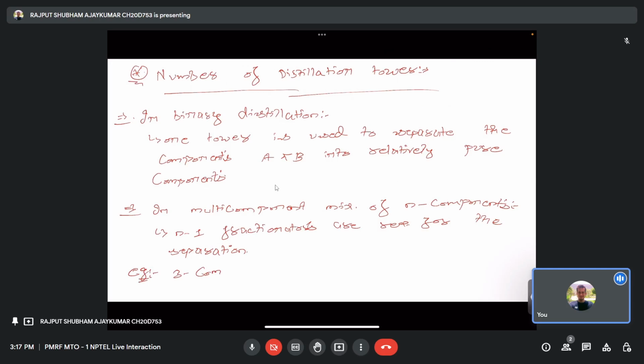How many columns or towers will be required? The number of components is three, so it requires n minus 1, that is 3 minus 1 equals 2 columns needed.